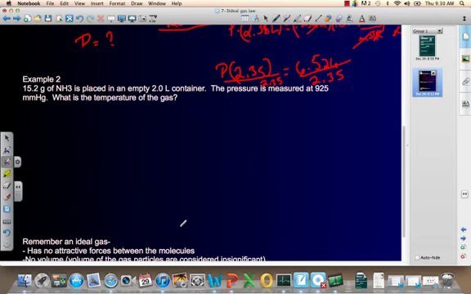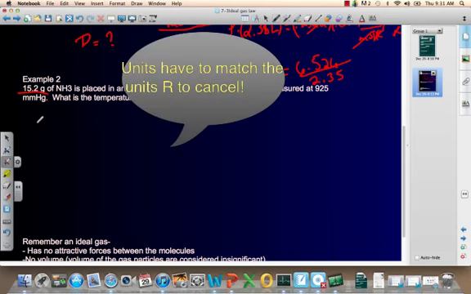All right, let's look at a different problem. It says 15.2 grams of NH3 is placed in an empty 2-liter container. The pressure is measured at 925 millimeters of mercury. What is the temperature of this gas? First thing, we're going to write down what we know. We were given grams, and we can convert grams into moles.